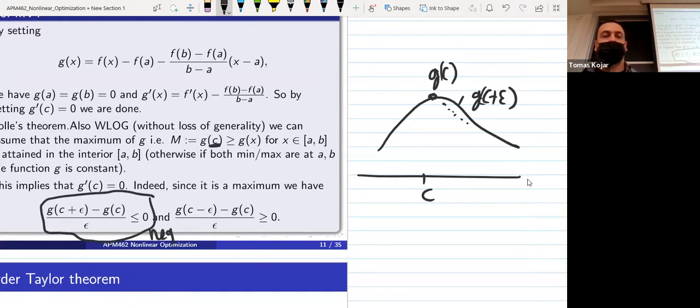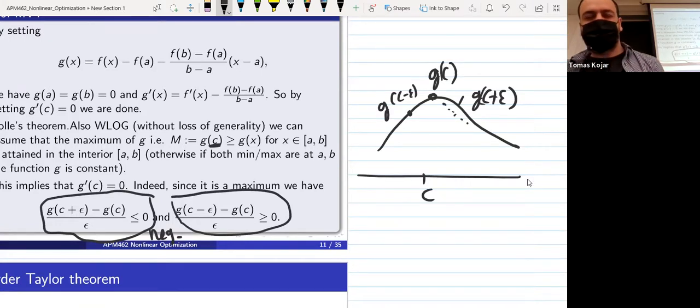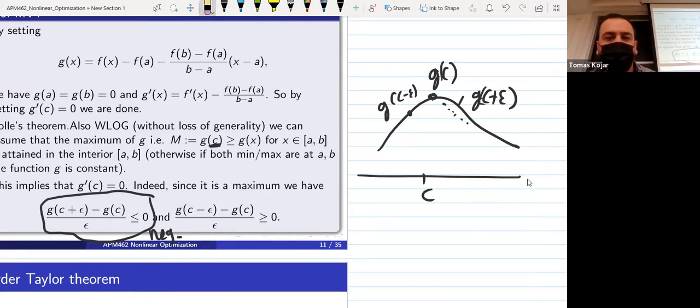When you're coming from the left, g of c minus epsilon, this will be again... how do I say it here? I think this is a small typo. Let me fix it. It's minus epsilon, like this. Okay, sorry, I will fix it.